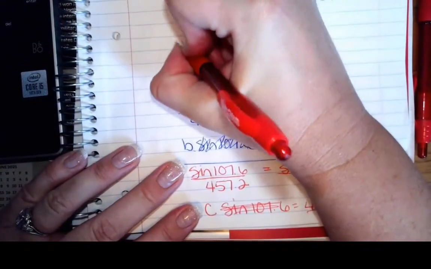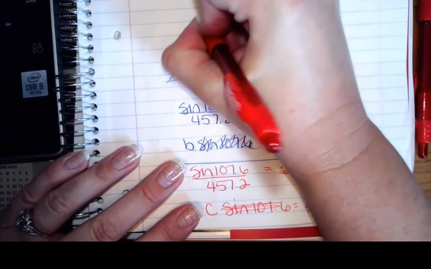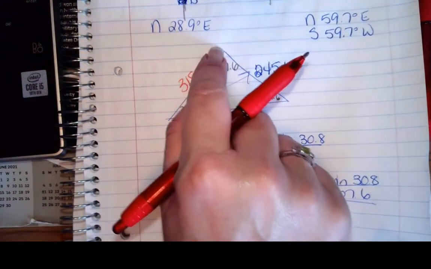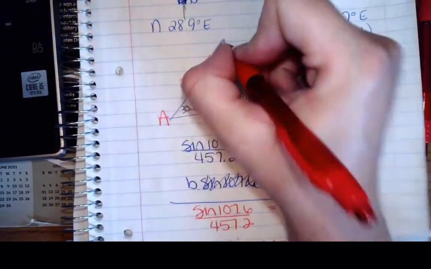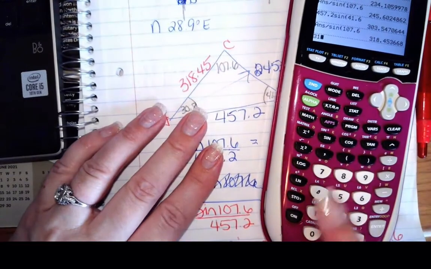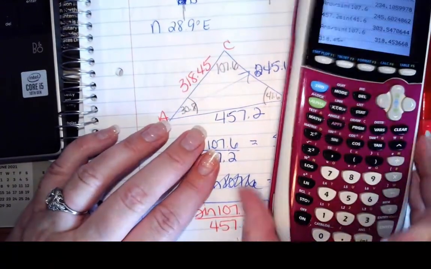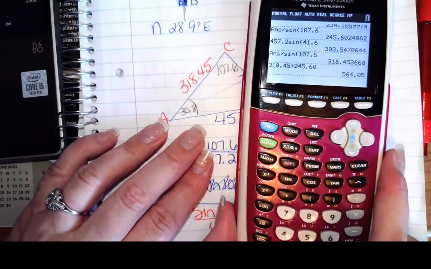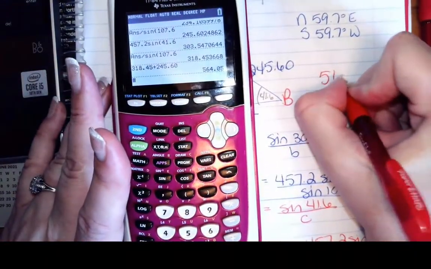So this is 318.45. So the question is, how many more frequent flyer miles is he going to get? So if he goes from A to C to B, how many more miles will he get? So 318.45 plus 245.60 gives me a total of 564.05.